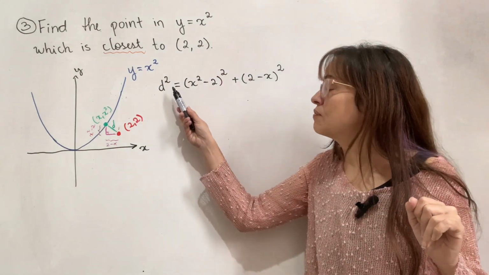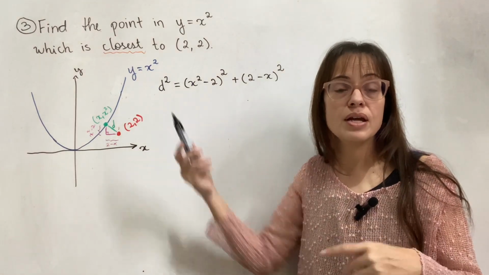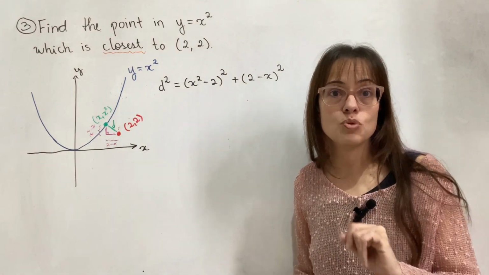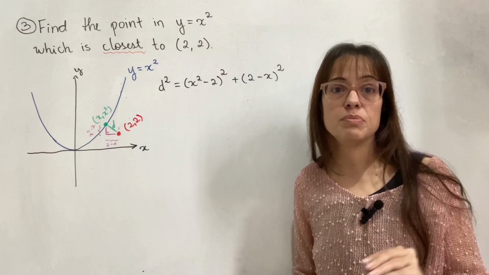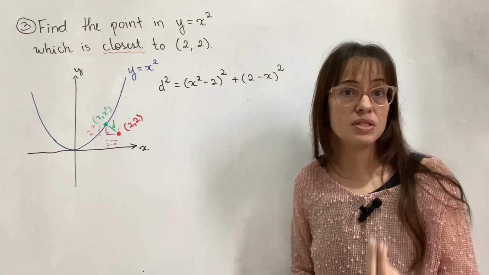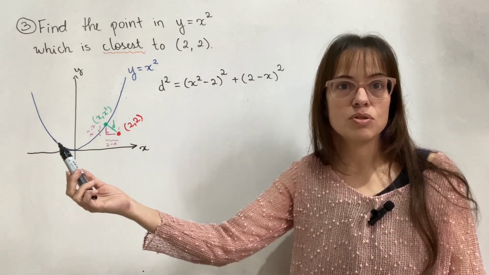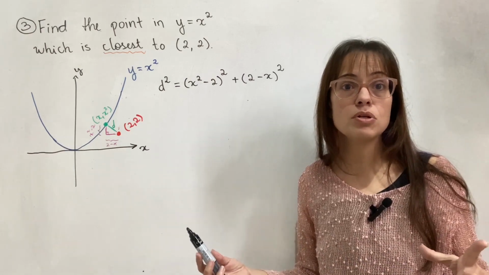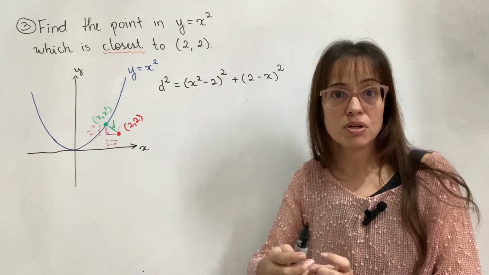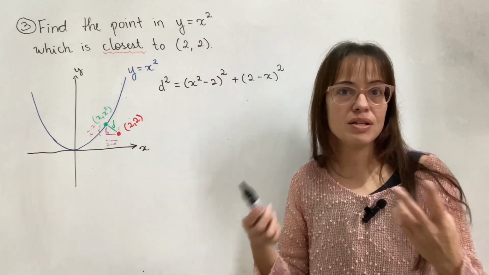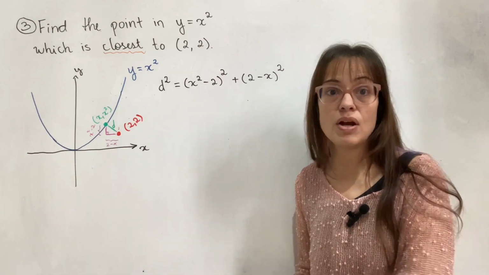Having the function that is the distance squared is going to be enough because what I'm trying to do is to find the minimum distance. But the minimum of the distance is also the minimum of the square of the distance, right? When we're talking about positive numbers, the bigger the number, the bigger the square. So it's equivalent. I'm going to find the same value of x.